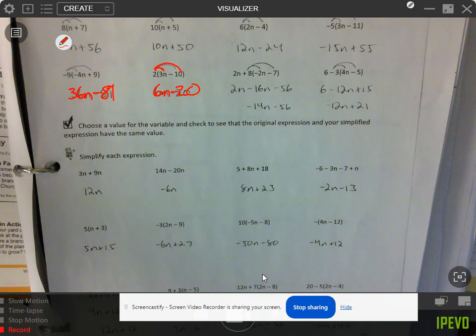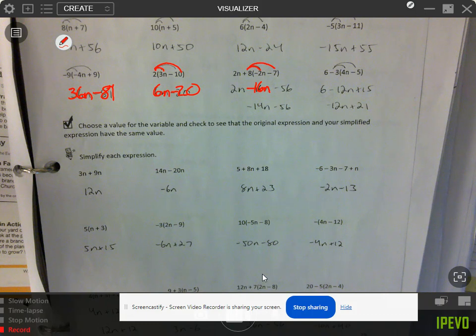Now, for this one, I went over this one in class. This 2n is not outside of that parentheses. We do parentheses first, so I'm not going to worry about that 2n to start. I'm going to take care of my parentheses first. Positive 8 times the negative 2n is a negative 16n.